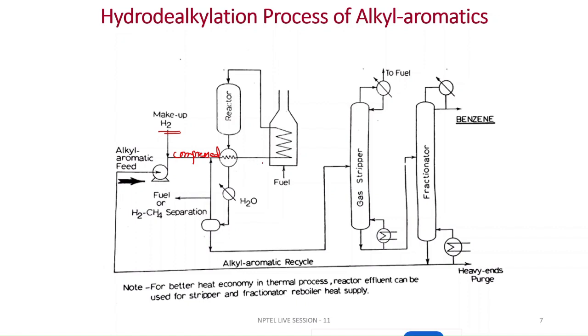Also you can see that for the preheating you are using external fuel, that is a fired preheater. So after that the mixture of alkyl aromatic feed, hydrogen gas, and also some amount of the recycled gas is mixed up, and then it is fed to the reactor, right?